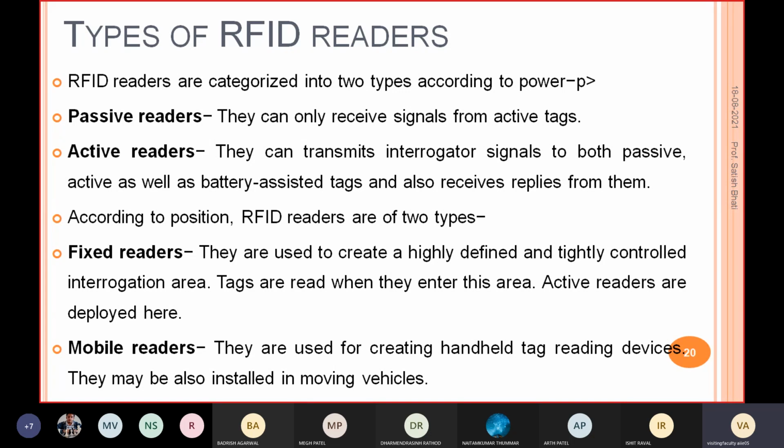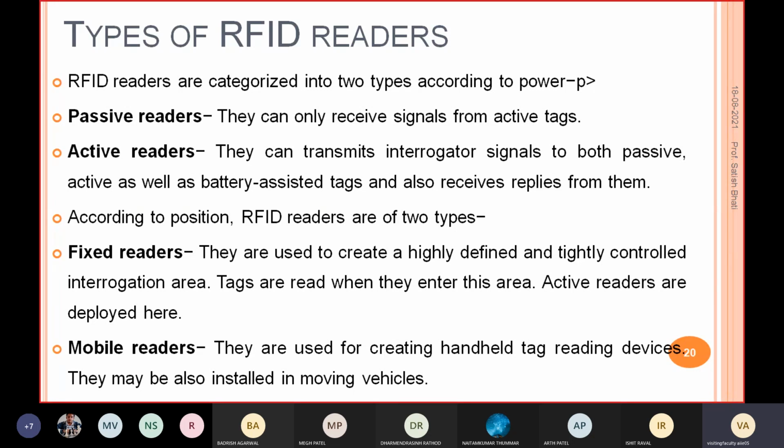Passive readers can only receive signals from the active tag. Passive reader means they can only receive the signal. Active readers can transmit signals to both passive as well as active tags, and also to the semi-active tag.